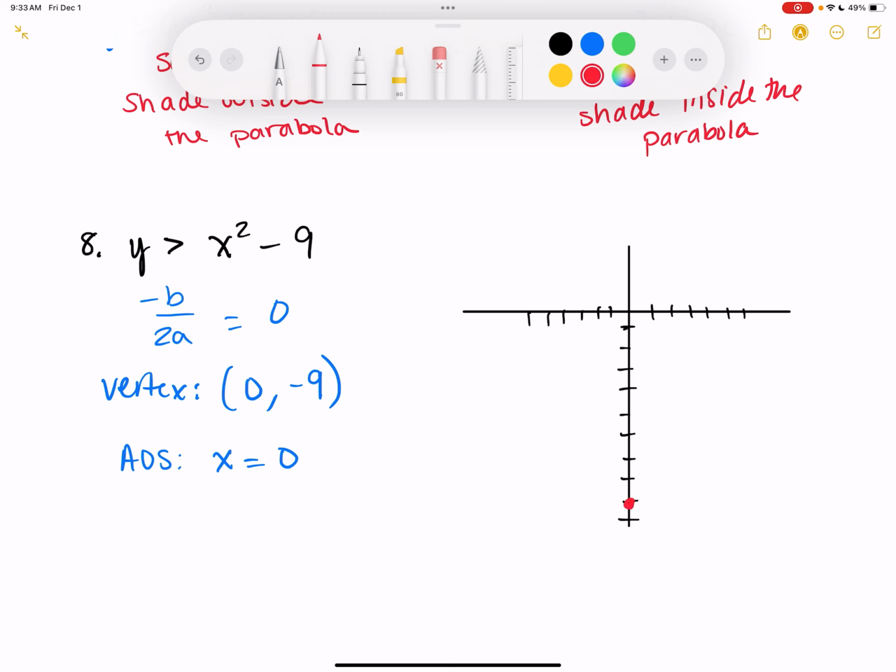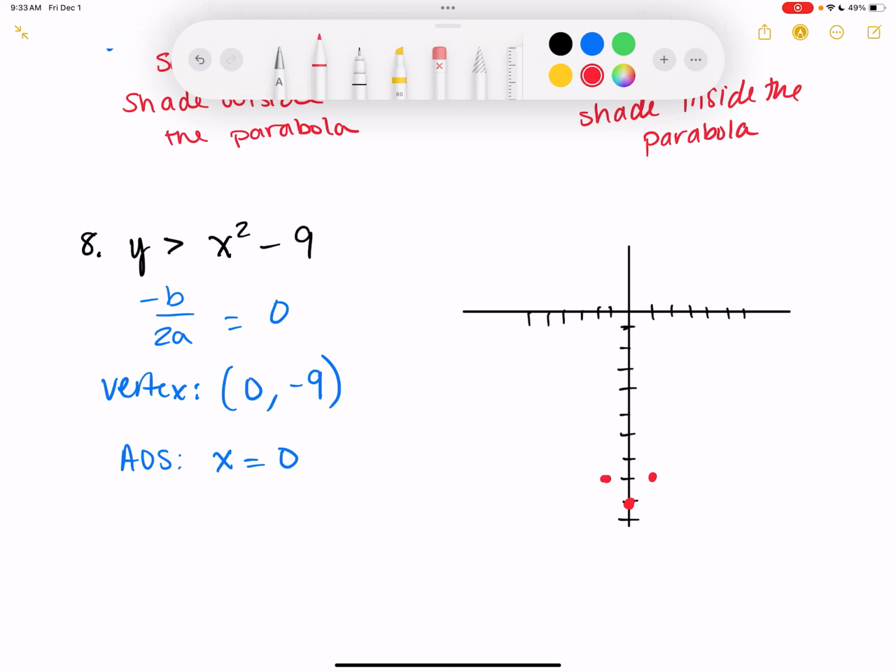I need to find another point that I can graph, so I would say just pick 1. Plug in 1, so it's 1 squared minus 9, so that would be -8. So that's going to be here. I've also got one on this side in the same spot.